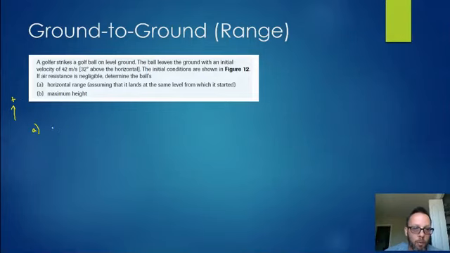And I'm going to start with this kinematics equation: v2y equals v1y plus a delta t. I'm actually going to get an expression for delta t. So if I solve that equation, I get delta t equals v2y minus v1y divided by a.